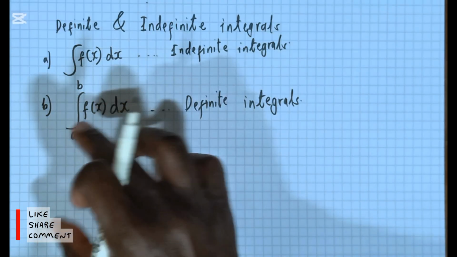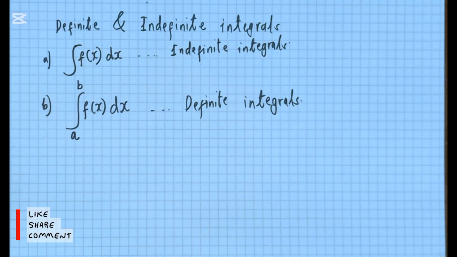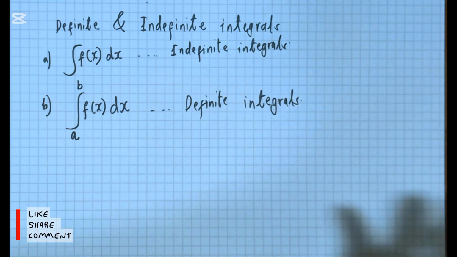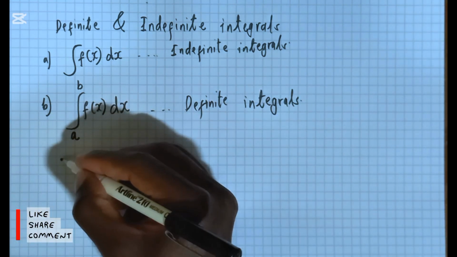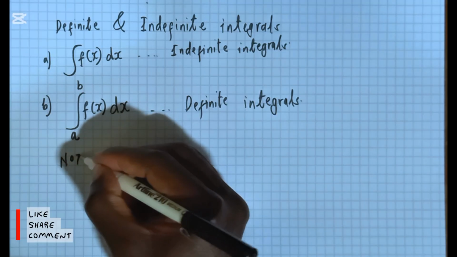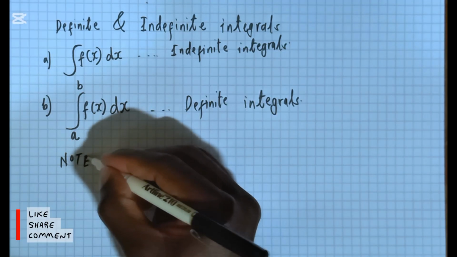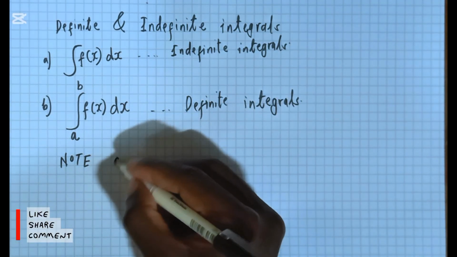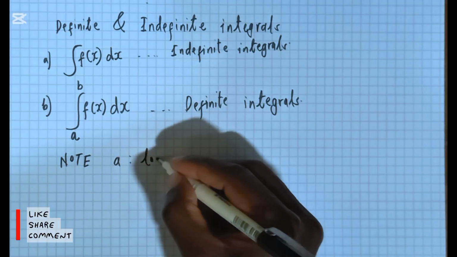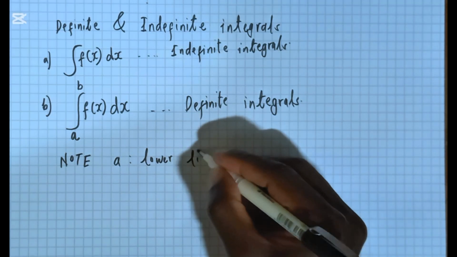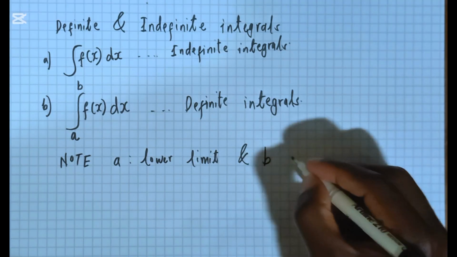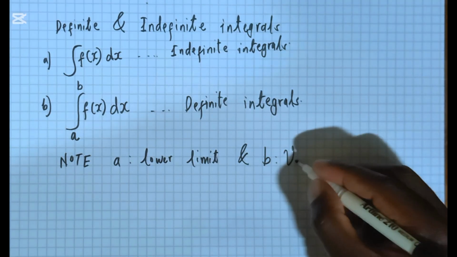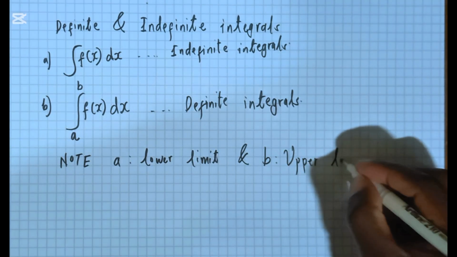And we're also going to handle a problem under definite integrals. Then you will be able to understand what we're talking about. Now, before we go to that, I'd like to make a clarification note: usually when you are given a definite integral, a is the lower limit, and b is the upper limit.